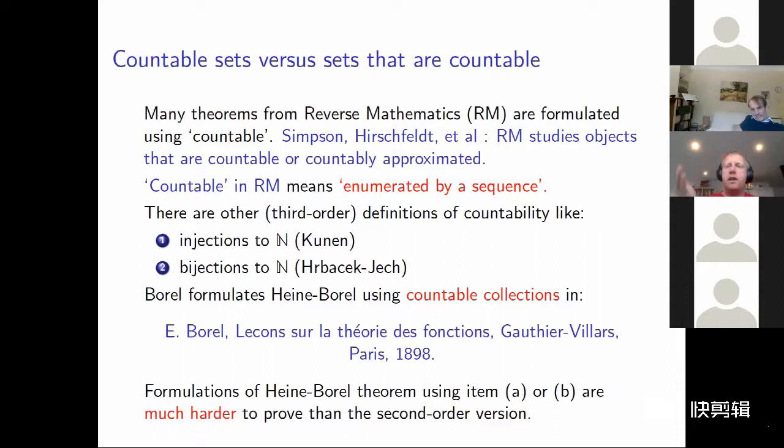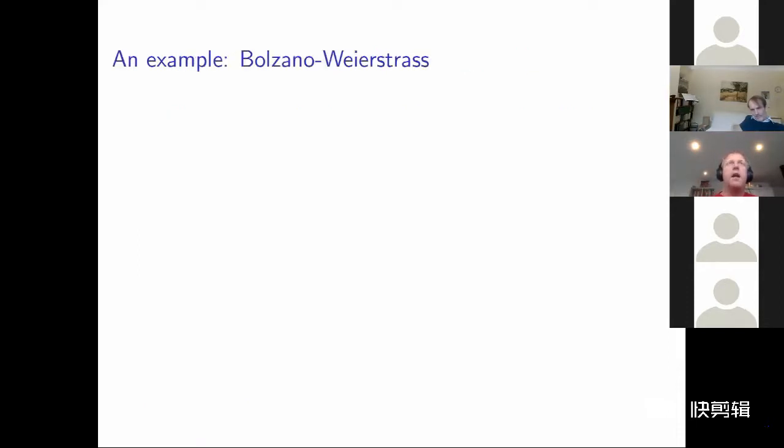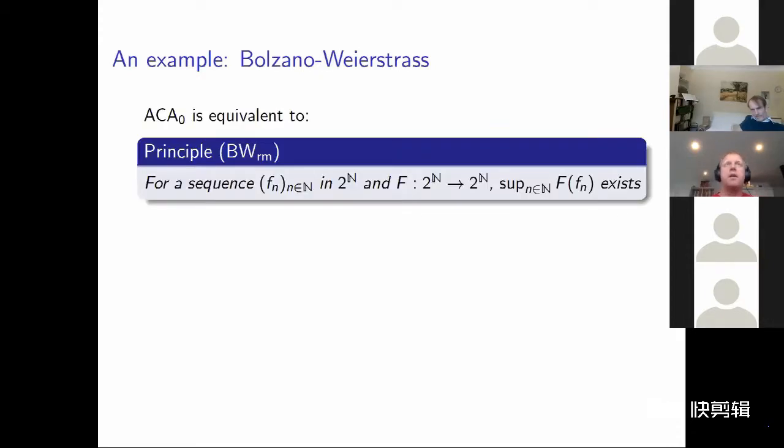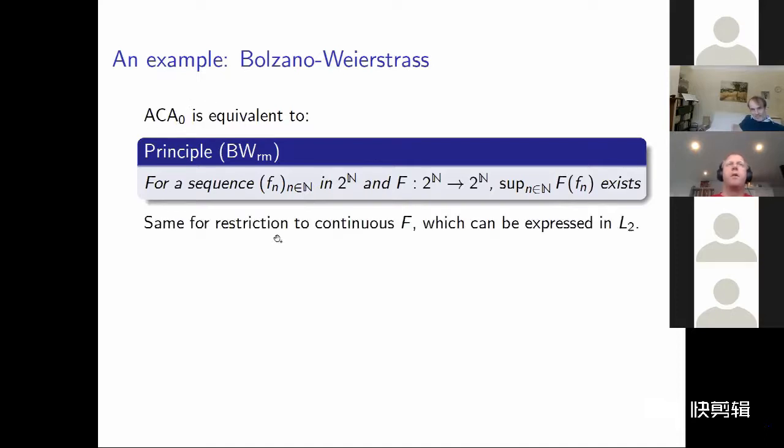And again, you need an axiom at the level of second order arithmetic. I'll give you a nice example, Bolzano-Weierstrass. In reverse math, you have theorems of this kind: if you have a sequence in Cantor space and a function from Cantor space to Cantor space, the supremum exists. And this is actually equivalent to ACA_0.